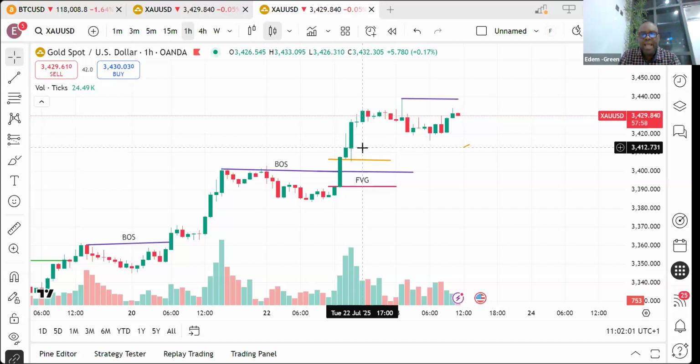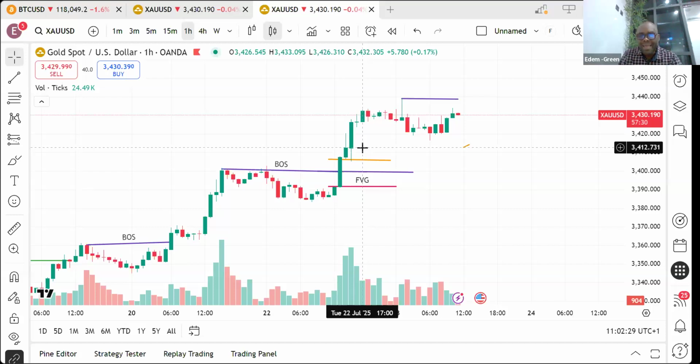Identifying a fair value gap on a higher time frame in an uptrend shows you that the market will always come back to tap into that fair value gap in the future. So if the market has tapped into that fair value gap, that means that fair value gap is already invalidated. That is one.